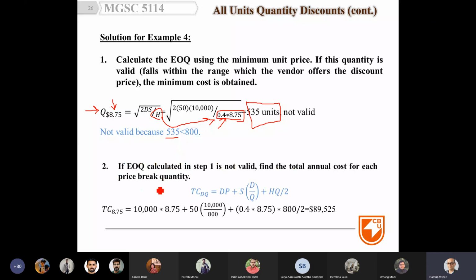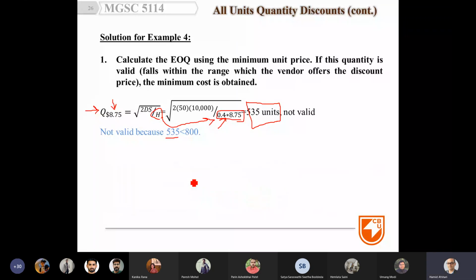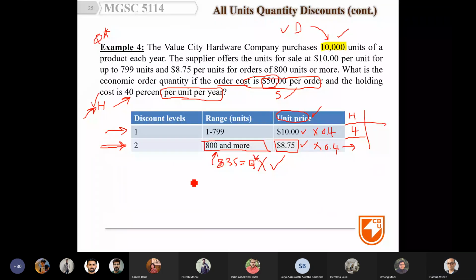Sorry to interrupt you, sir. Just a small question. Why did we take that $8.75? I got confused over here. It was just one example. Because there were two unit prices, 10 and 8.75, so we put 8.75.